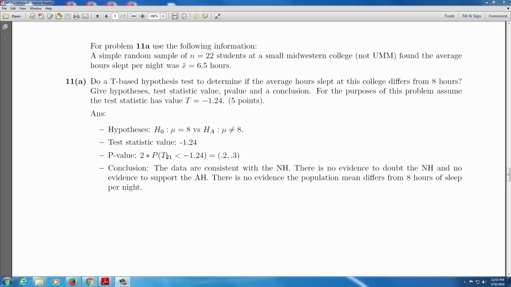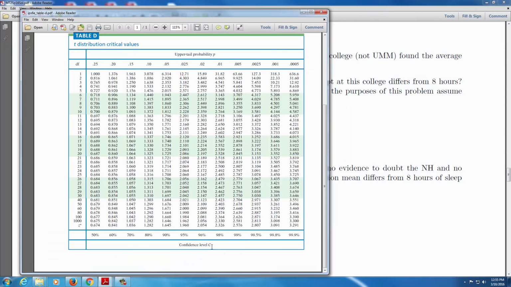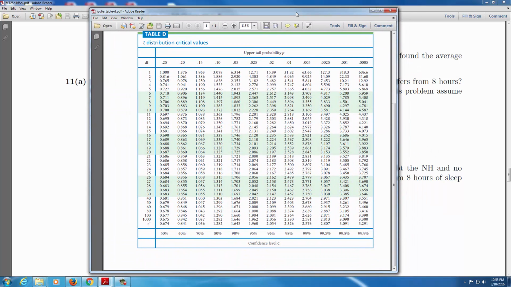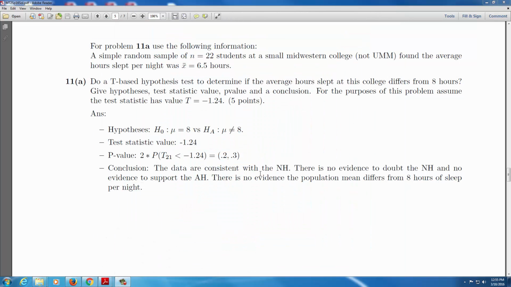The p-value would be to look up in the t-table for 1.24 for 21 degrees of freedom. And if you do that, 21 degrees of freedom, and it's 1.24, that means that your one-tail probability was between 0.1 and 0.15, and that means when you double it, because it was a two-sided test, you get a p-value between 0.2 and 0.3, and that means you have a big p-value conclusion statement.